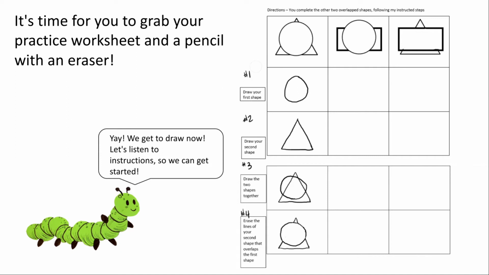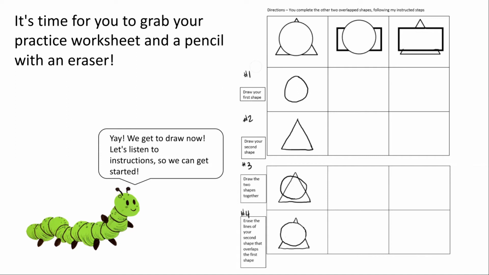So you're going to draw the circle and the triangle like I did. And then step 4 is to erase the lines of your second shape that overlaps the first shape. So it's going to match the finished picture up on the top. So you're going to erase the bit of triangle that's inside the circle.